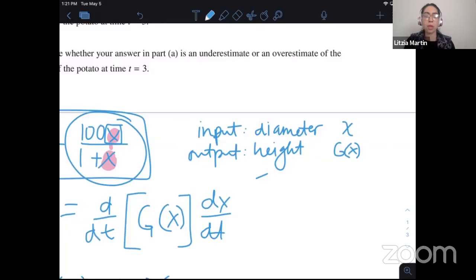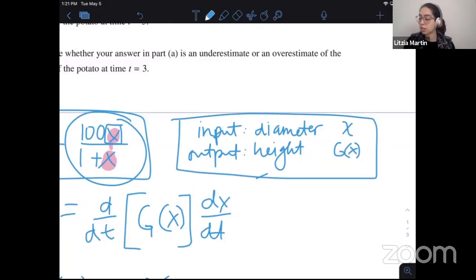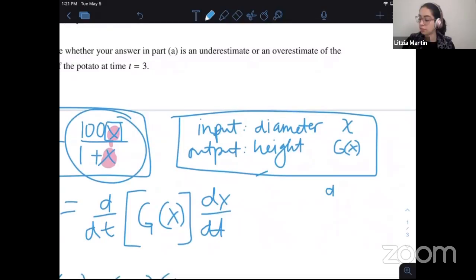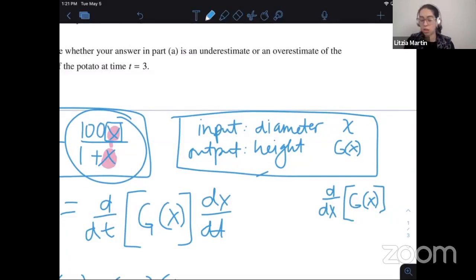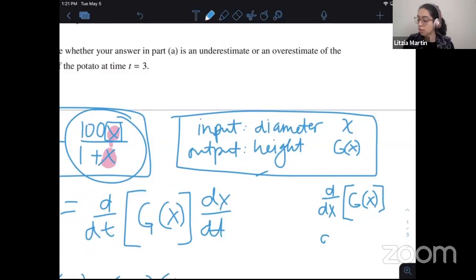g of x. So if you were to take the derivative of this function here with respect to x, then that would mean you're taking the rate of change of the height, because I could technically rewrite this by putting g of x at the top and dx at the bottom.